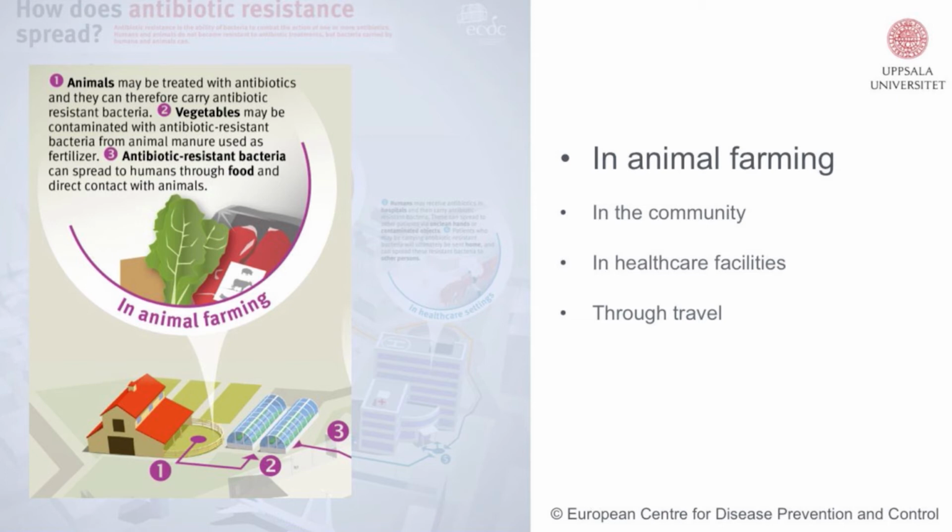Vegetables may be contaminated with antibiotic-resistant bacteria from animal manure used as fertilizers. Antibiotic-resistant bacteria can then spread to humans through food and direct contact with animals. Trade with animals, meat, vegetables, and other goods can further disseminate the resistant bacteria across the world.